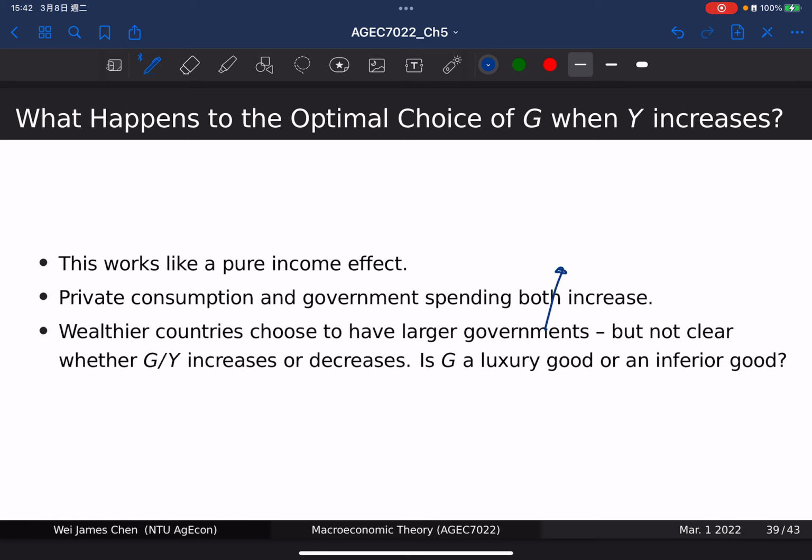The larger government here means G is larger. But there's another way to define a larger government, that's G divided by Y, how much percentage of your GDP is spent on government. It is not clear whether that increases or decreases, because Y increases and that leads to an increase in G, but it depends on the proportion between these two.